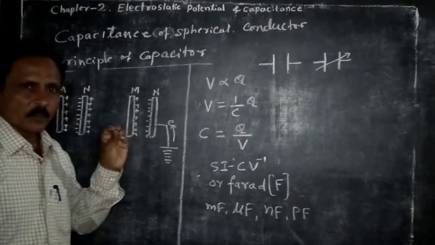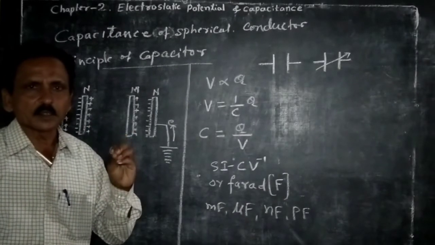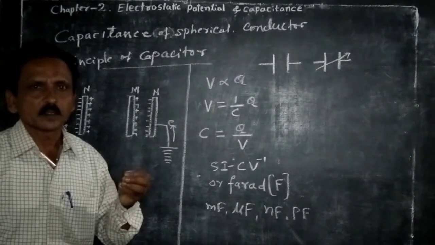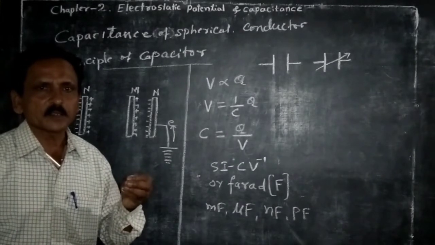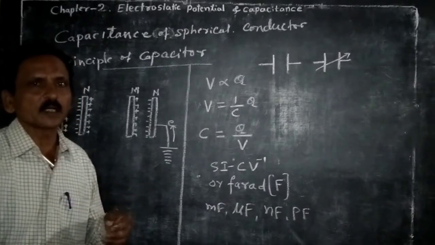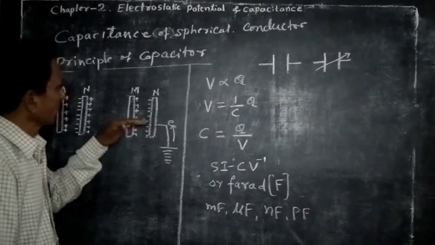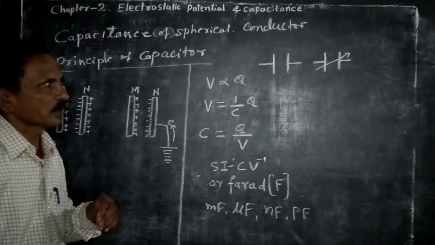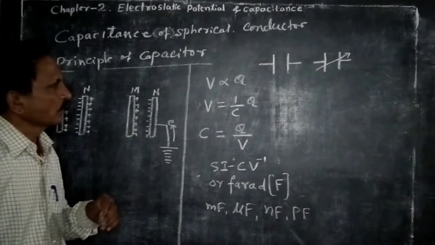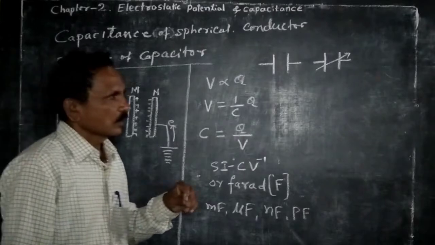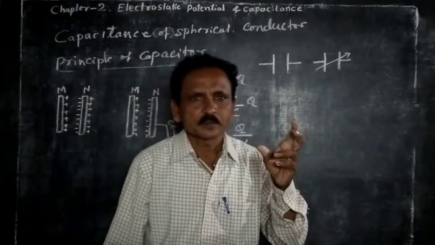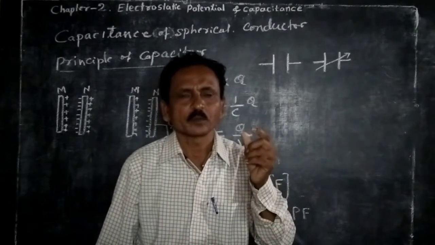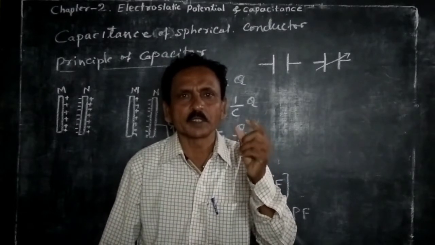What is a capacitor? A capacitor is a device used to store electric energy and supply it suddenly. For example, electrical fans are provided with a capacitor. We generally call it a condenser.